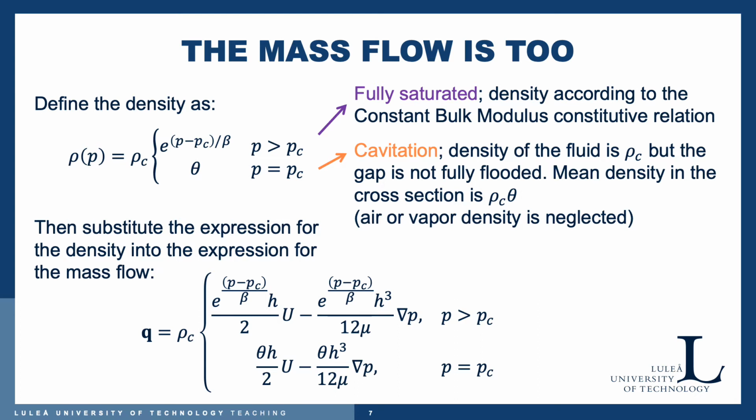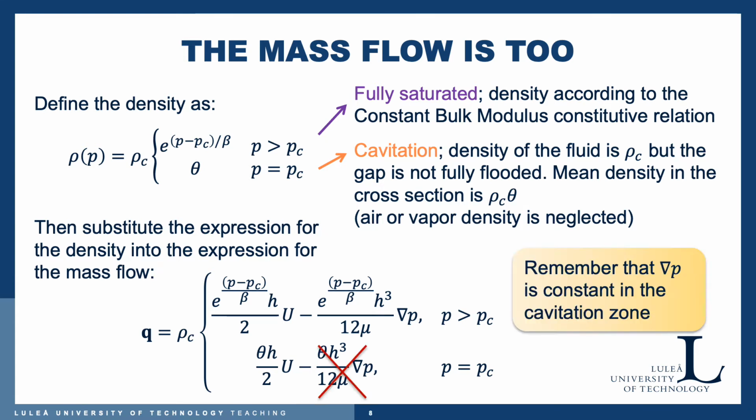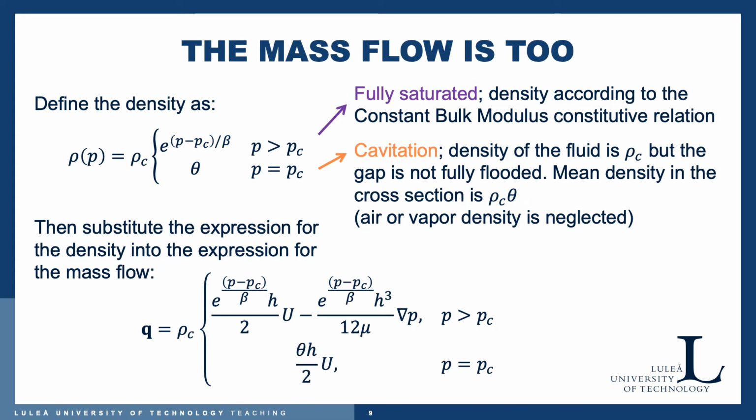And then in the fully saturated region we have one expression, and in the cavitation zone we have another. But remember that the gradient of p is constant in the cavitation zone, so it simplifies to only be a mass transportation term in the cavitated region.